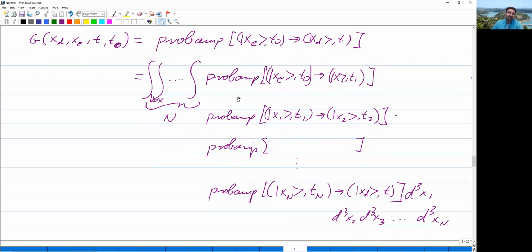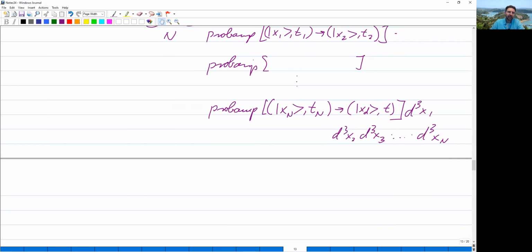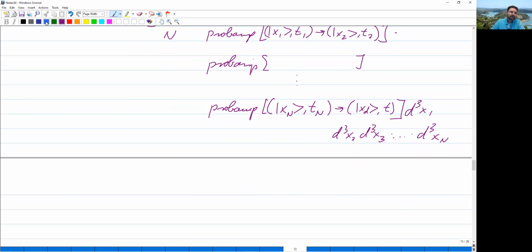Where we have, well, if it travels from here to this intermediate point, then it might travel from there to that intermediate point, etc. Now, what is this therefore? Well, you see, this is basically of the form sum over, or integral over, the probability amplitude.